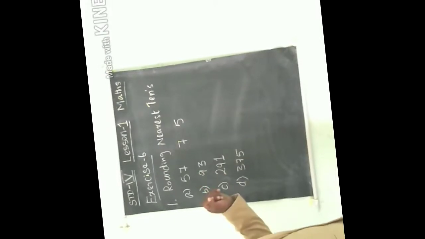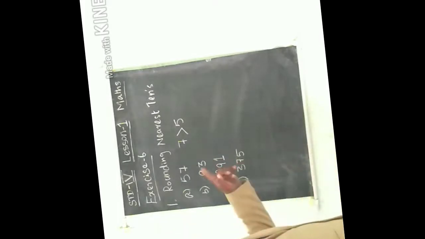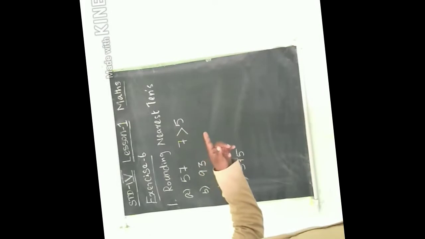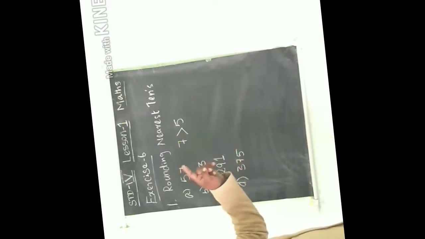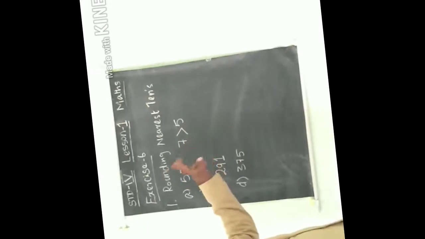Sorry, it is greater than 5. 7 is the bigger number. I already told you when it is greater than 5, we take the higher rounded number. So 57 rounds to 60. 60 is the rounded number.